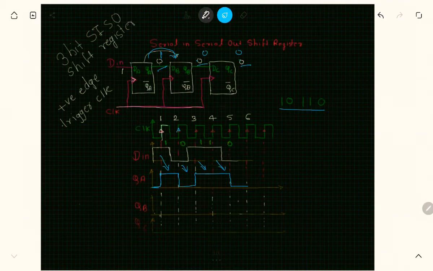Therefore the data of the second flip-flop gets changed, and as it follows the data of the QA, therefore in this case this gets shifted.